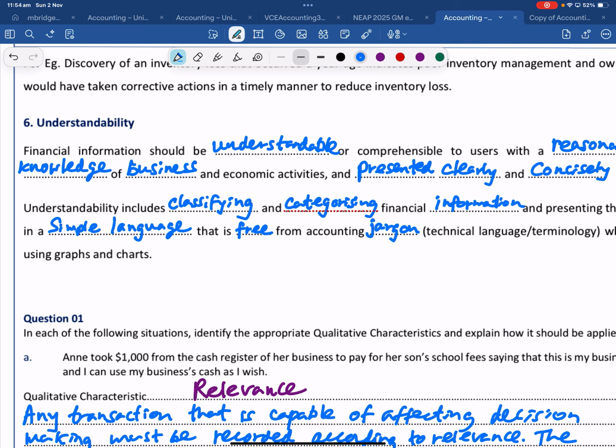Jargon means technical knowledge, terminology, technical terms. We have to avoid it. We can't do it 100%, but we should be able to avoid it. For example, use simple language, graphs, charts, tables, etc. That's it for the characteristics, guys.